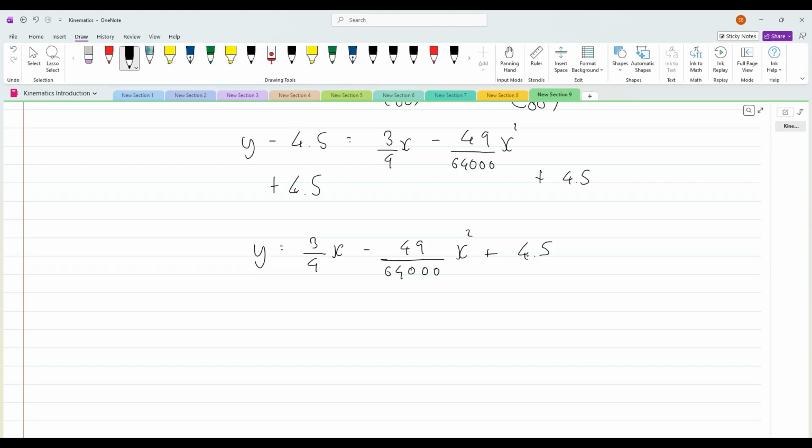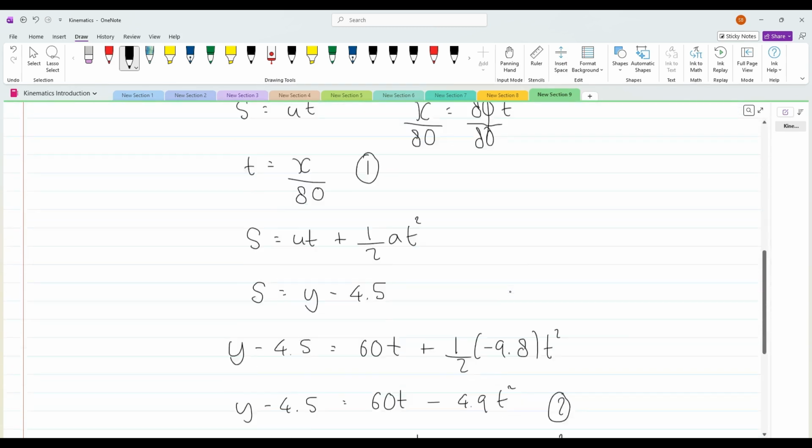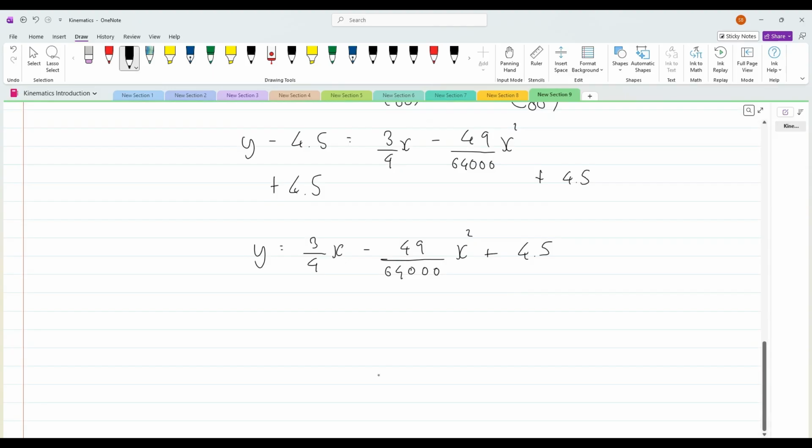And this is our final answer. Y equals 3/4 x minus 49 over 64,000 x squared plus 4.5. And there we have it.